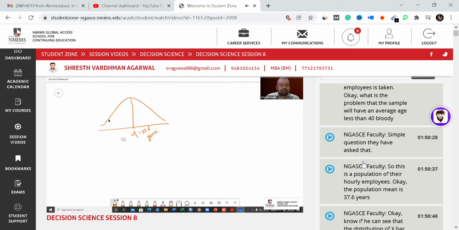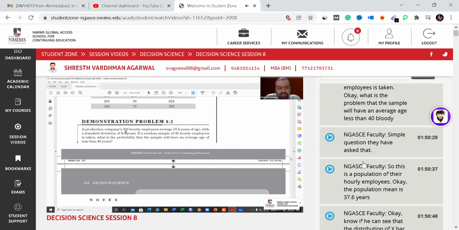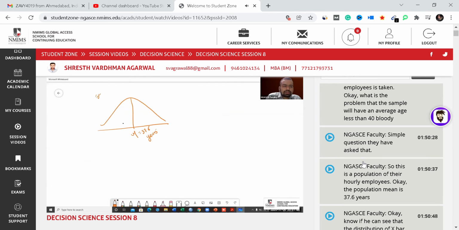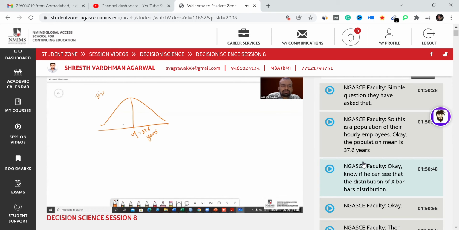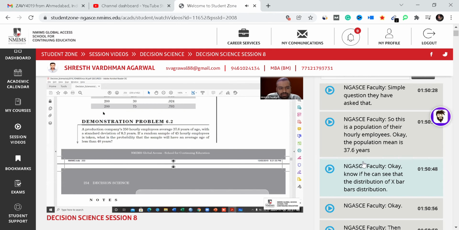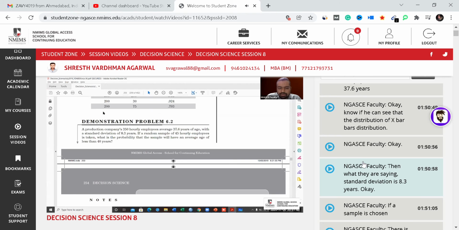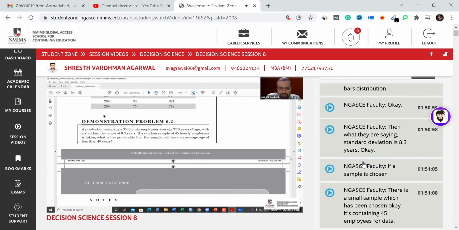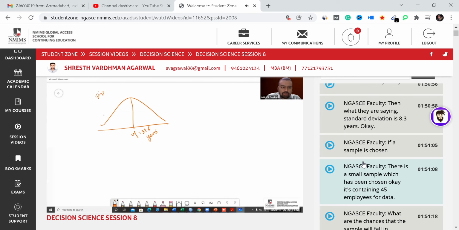Now if we consider the distribution of X bars, the standard deviation is 8.3 years. If a sample is chosen, it is a small sample containing 55 employees' data.